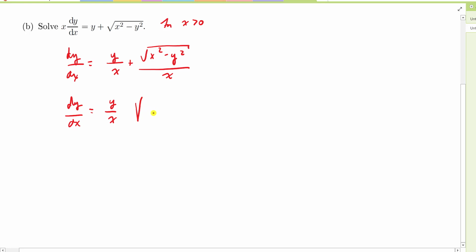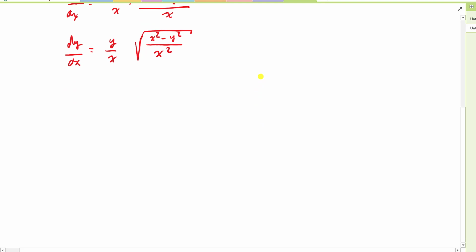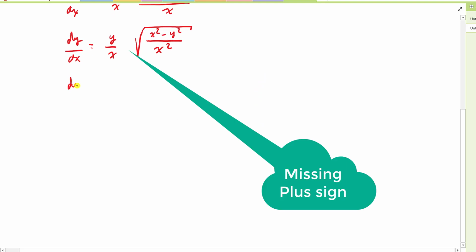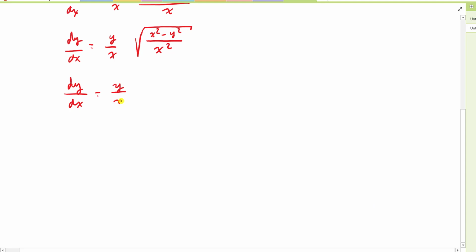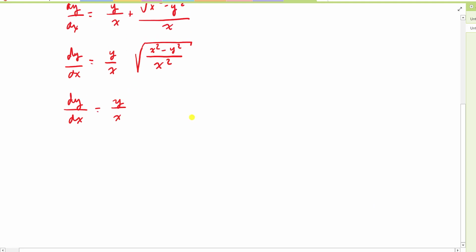So I can go ahead and bring it in as x squared, but I can only do that, leaving the sign alone, if I know that x is already greater than 0. Okay. So then we get that dy/dx is equal to y over x, and I dropped a sign there, plus the square root of 1 minus y over x quantity squared.